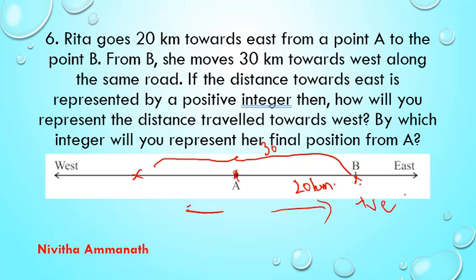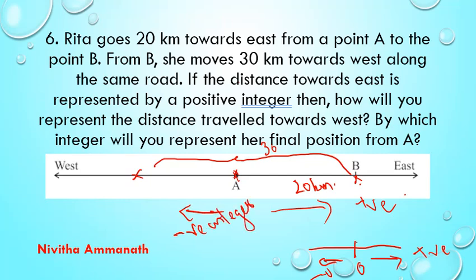So we know that in a number line, 0 is the center, to the right it is positive integers, to the left it is negative integers. So towards the west it is a negative integer. By which integer will you represent her final position from A? From A it is minus 10. So the answer is minus 10. Next question.